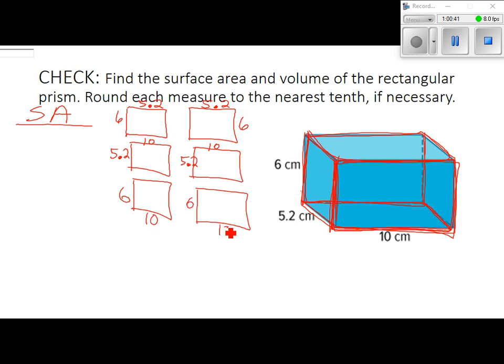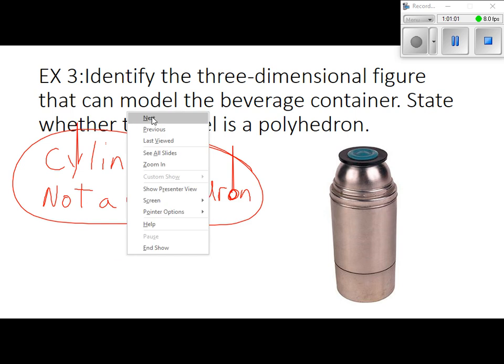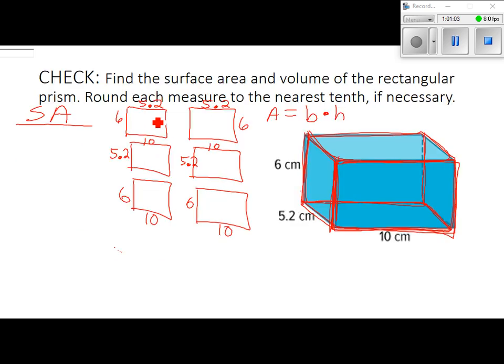To find the surface area, each one of them is a rectangle. Remember, area equals base times height, or length times width. So you just multiply. Grab your calculator: 6 times 5.2 gives 31.2.